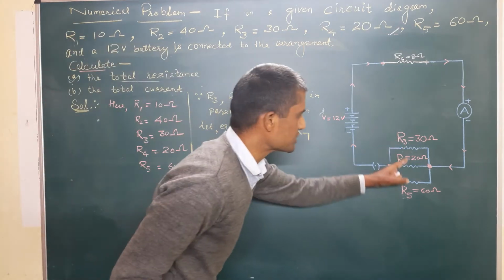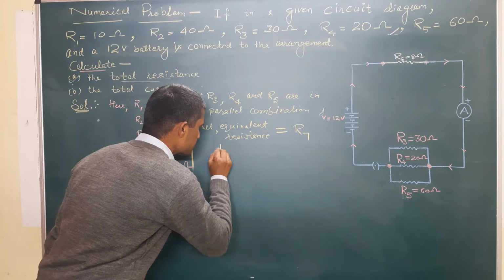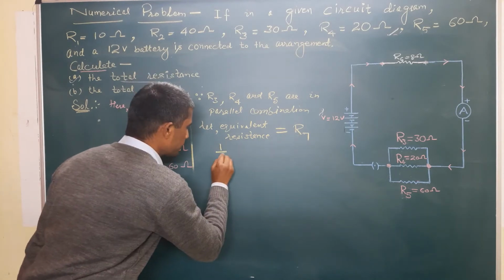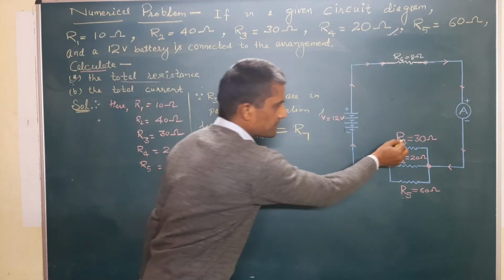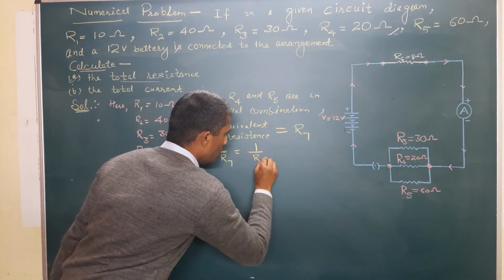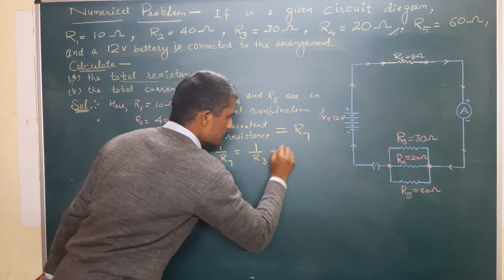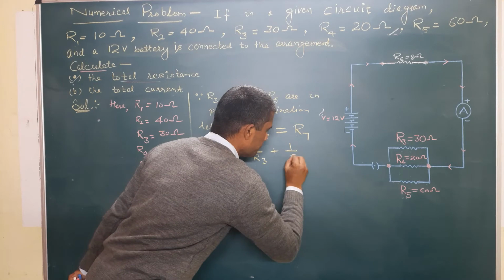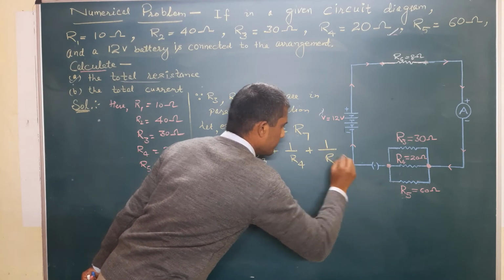Since this combination is in parallel, we are going to apply the law of combination of resistances in parallel: the reciprocal of the resultant resistance. Therefore 1 upon R7 is equal to the sum of reciprocals of individual resistances: 1 upon R3 plus 1 upon R4 plus 1 upon R5.